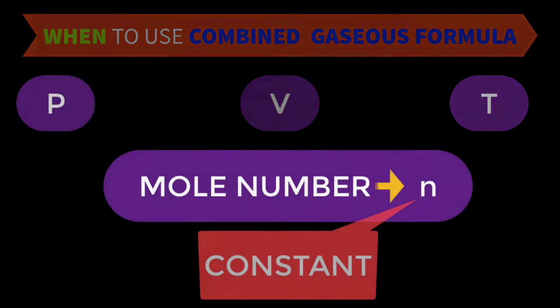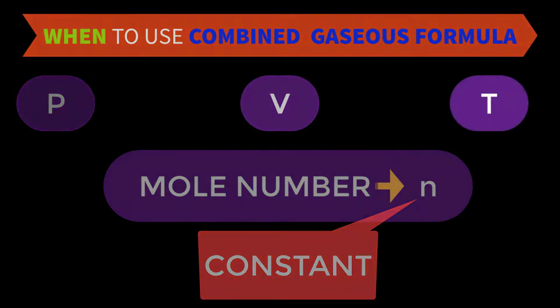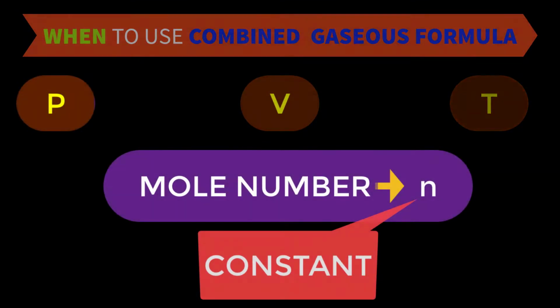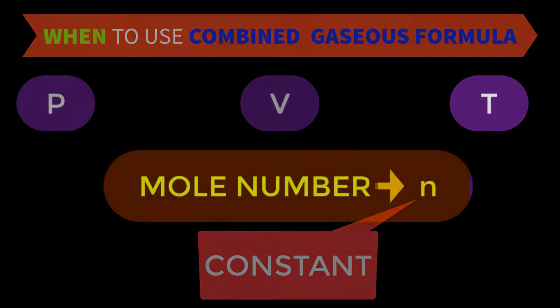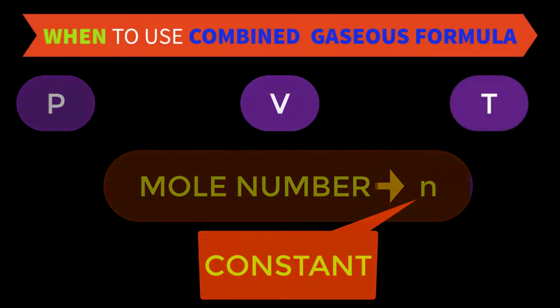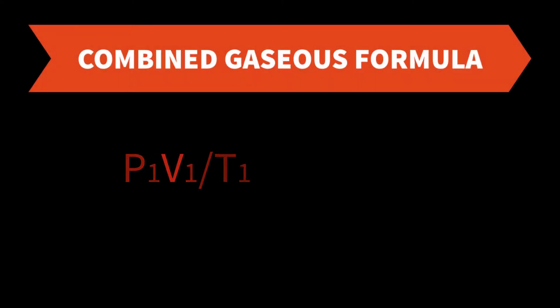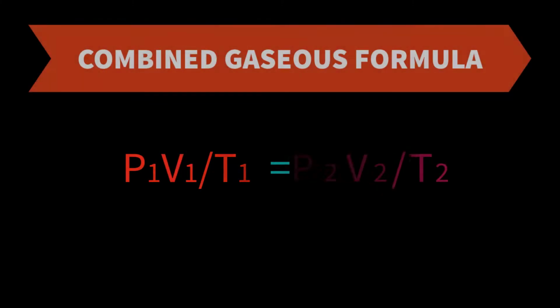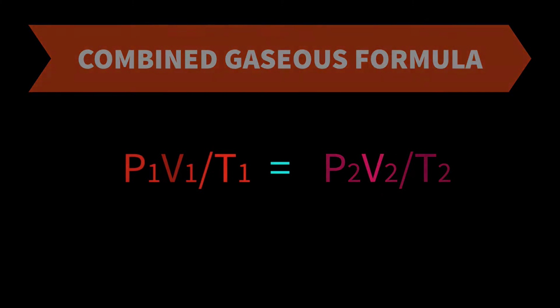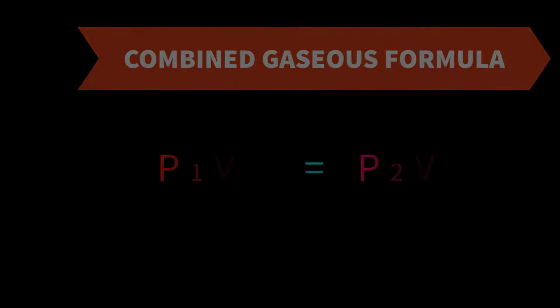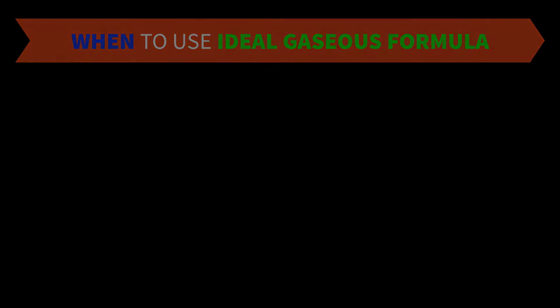Therefore, after reading any question, if we see P, V and T are in changing state but mole number is fixed or constant, then we will apply the combined gas formula, and that is P1 V1 over T1 equals P2 V2 over T2.